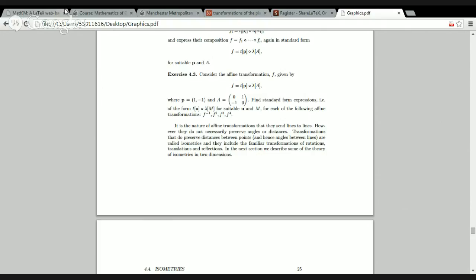Okay, and you can give a similar argument for the inverses.